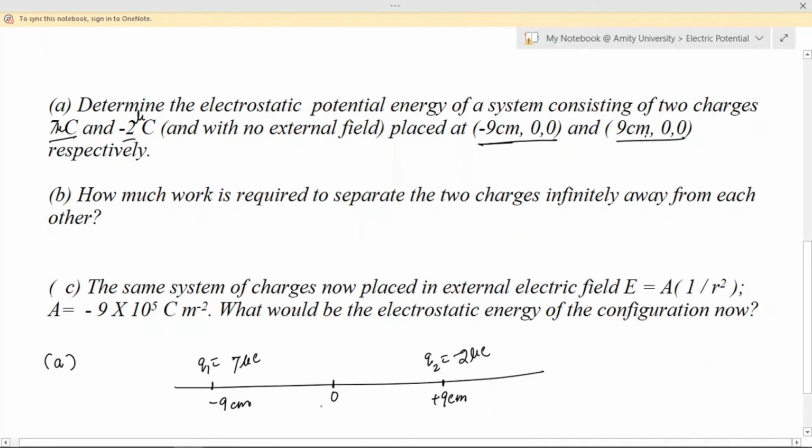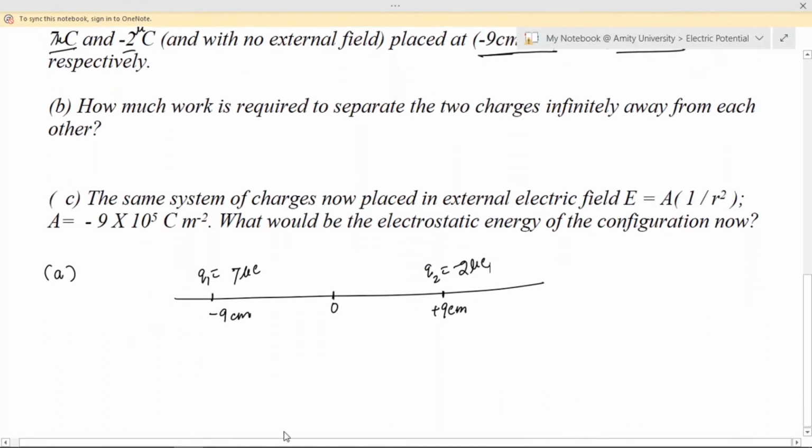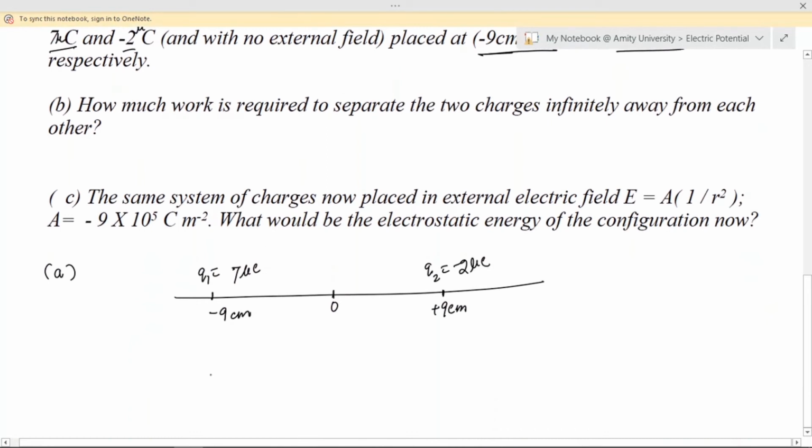Now since there is no external field, we can directly use the formula for electrostatic potential energy for the system of two charges. That is, U is equal to 1 by 4 pi epsilon naught Q1 Q2 over R, where R is the distance between the two charges. Since their locations are minus 9 and plus 9 on the x-axis, the distance will be the difference between the two points, which gives 18 centimeter.